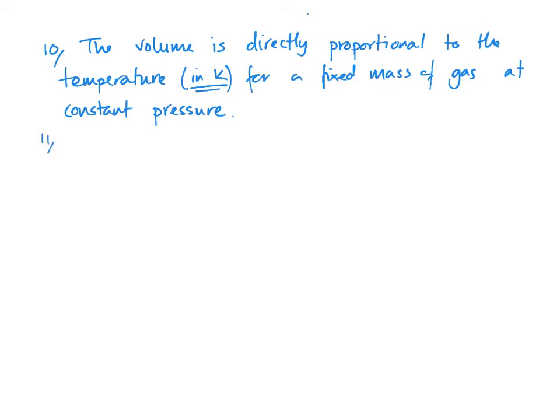And once again this can be written in equation form. So we've got V over T is equal to a constant, or as it appears in the formula sheet, V1 over T1, and we'll put our Kelvins in to stress that again, equals V2 over T2.